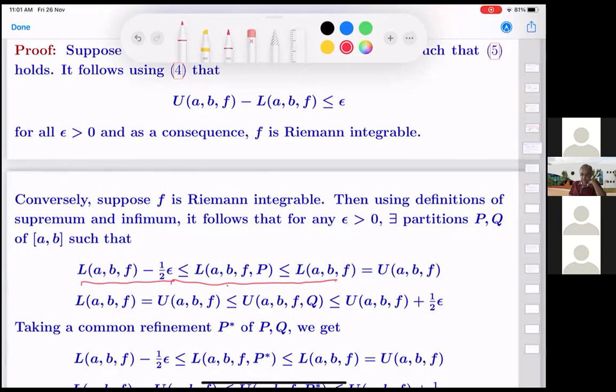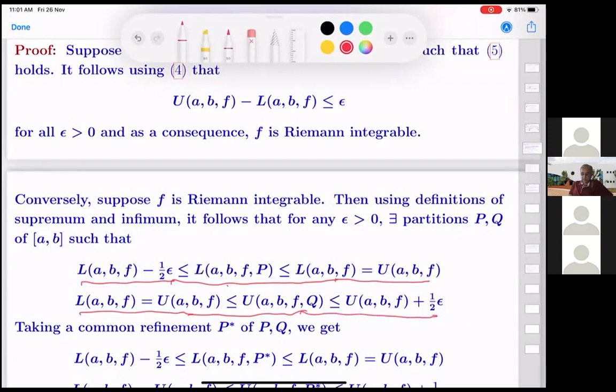And of course, Riemann integrability is telling us that L is equal to U. Likewise, for the upper bound, this U is the infimum over all upper bounds. So if you go a little above, so U(f) plus half epsilon, there will be some object on which we are taking infimums, which will be sandwiched between the two.